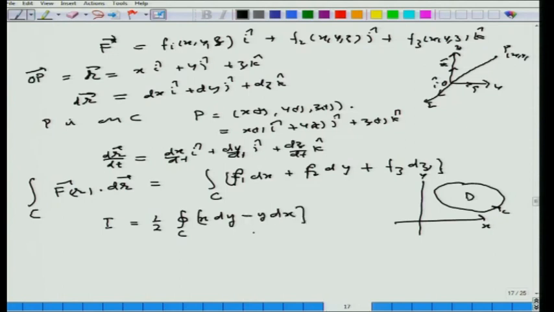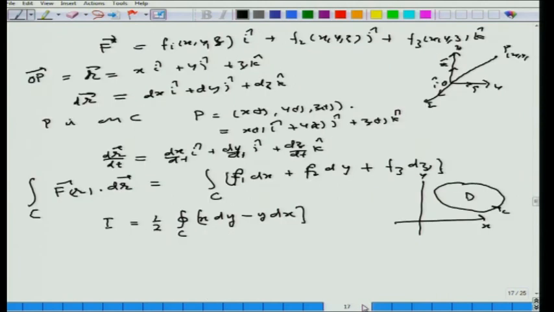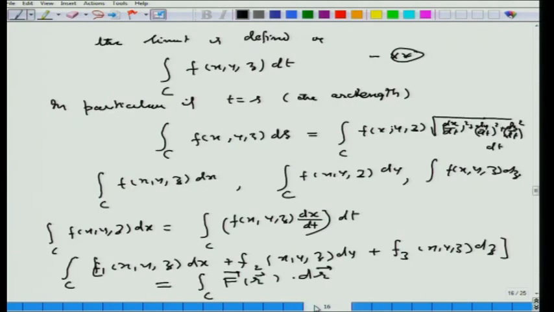So this is a line integral of the form above, where f1 is minus y by 2, f2 is x by 2, and f3 is 0. So we can see that this I is a particular case of this.